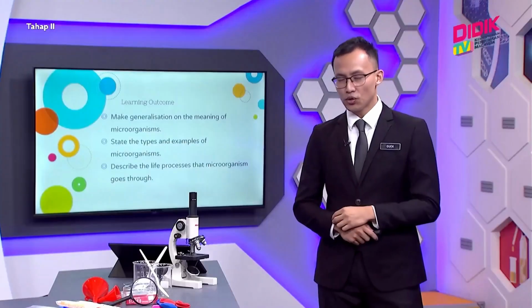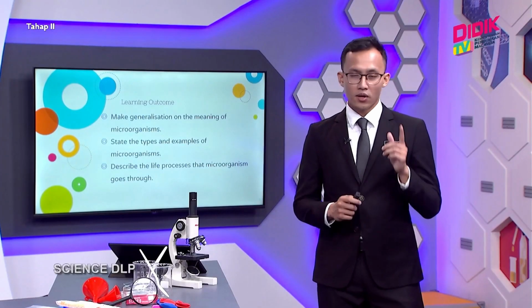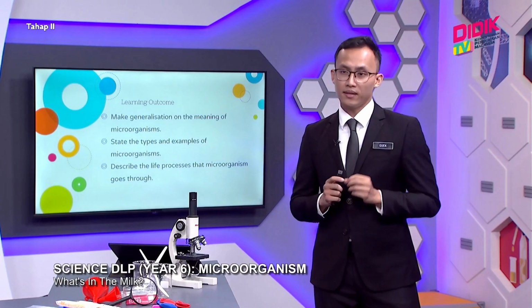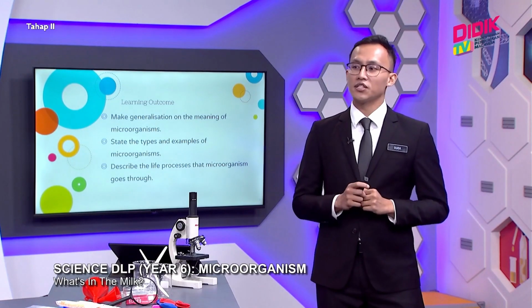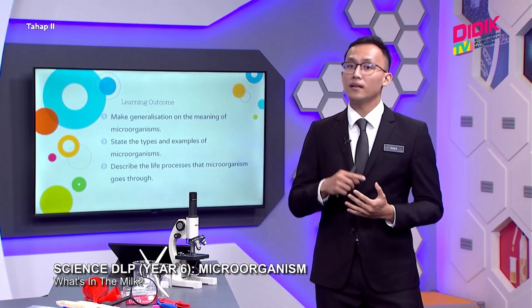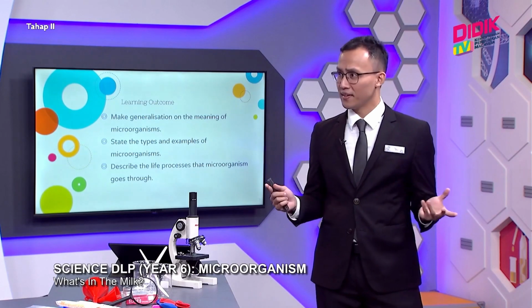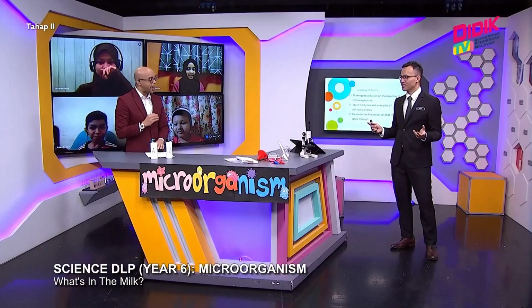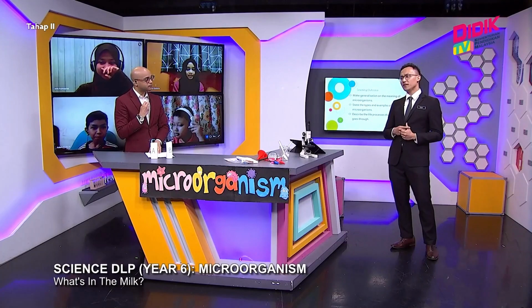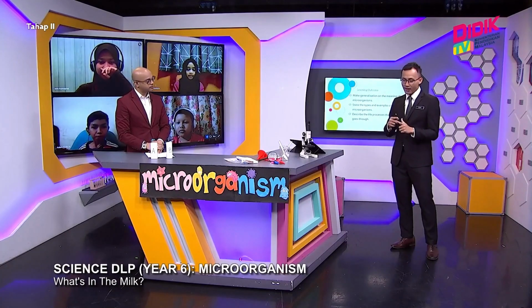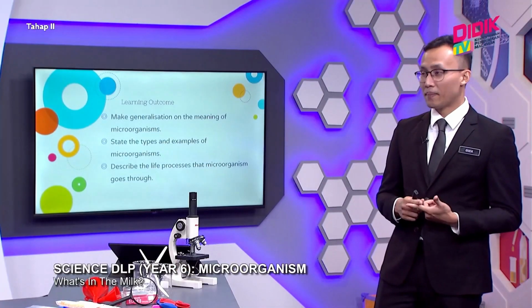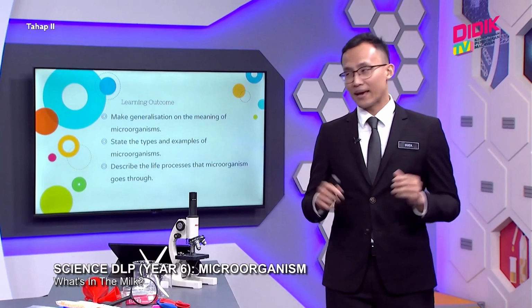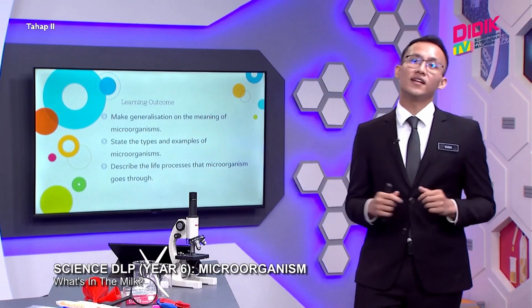Good observation, Sean. The B milk actually contains bacteria. Do you know what bacteria is? Isn't it bad? There are good stuff in it, there are bad stuff in it. There are bad and good bacteria. But they are generally called microorganisms, which is what we are going to learn today.